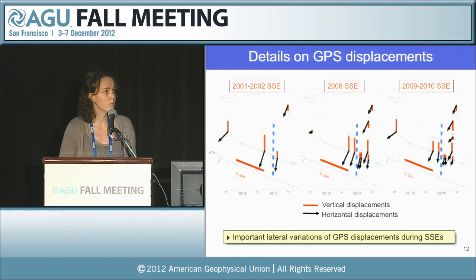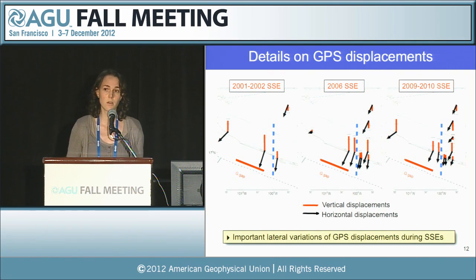We observe this behavior for all the slow slip events. So there are important lateral variations in the amplitude of the GPS displacement during each slow slip event, and in order to fit this lateral variation, we need to provide shallower slip in the Guerrero region.